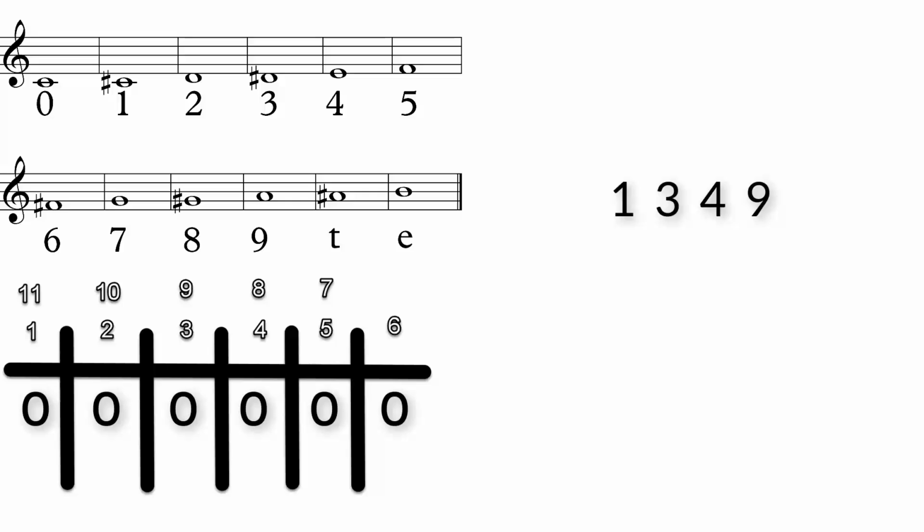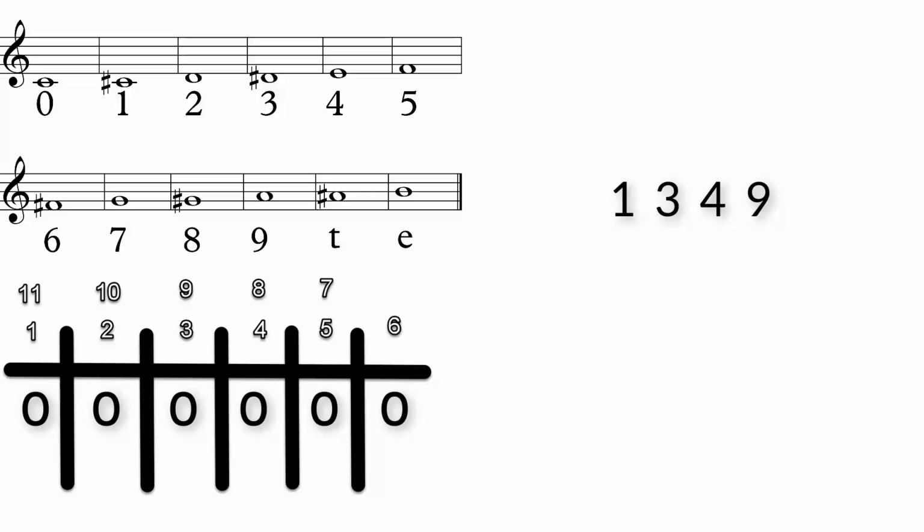Okay, so a different way to look at how to do this is to also subtract our numbers. So I'm just going to say 1, 3, 4, 9, and I'm going to leave out the actual note names. And then we're going to take those intervals and actually subtract the smaller number from the larger and arrive at the same type of set or vector. Let's start with the 1.